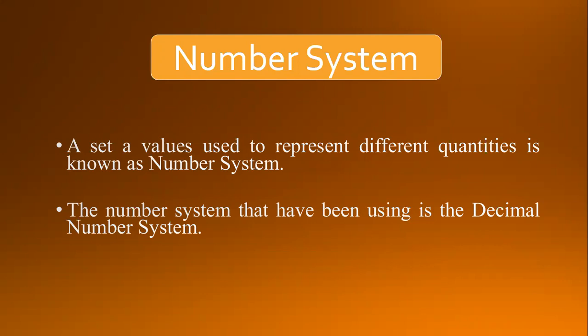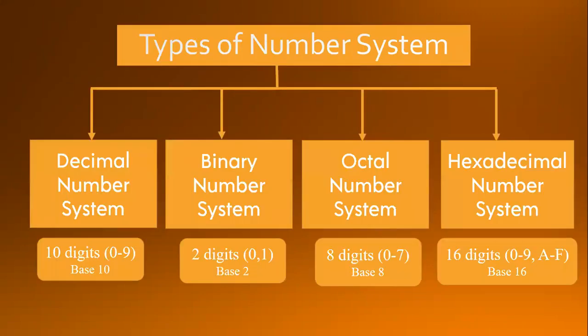Now let us see how many types of number systems there are. We have four types of the number system. First one is the decimal number system, then the binary number system, the octal number system, and the hexadecimal number system.